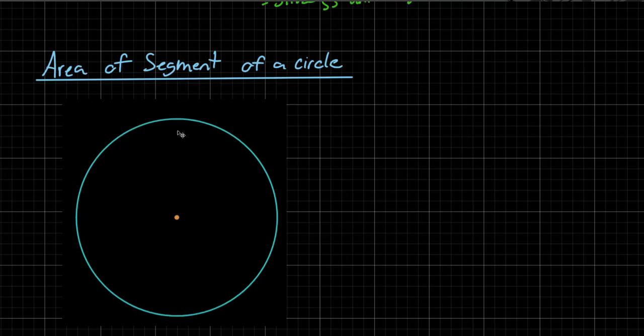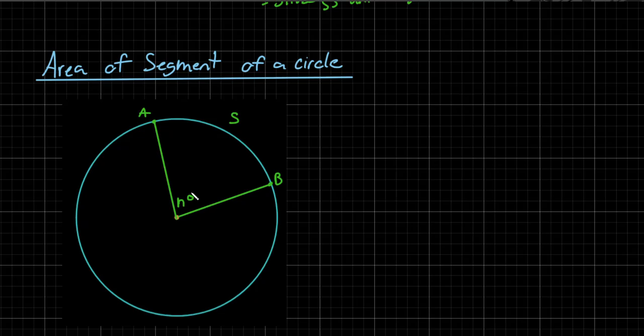We got our two radii. Draw it however you want. And I still have my angle in the middle, call it n degrees, and I still have my arc length.